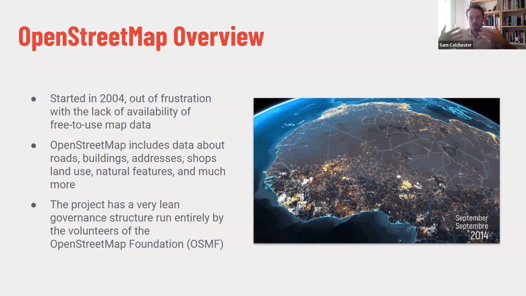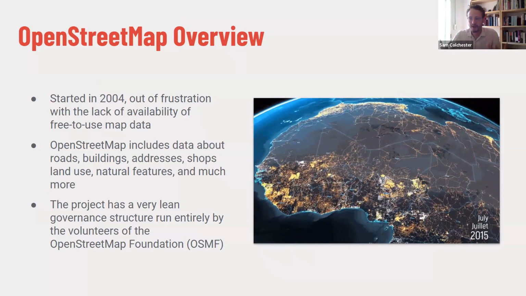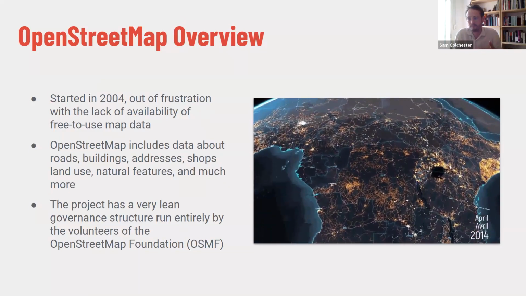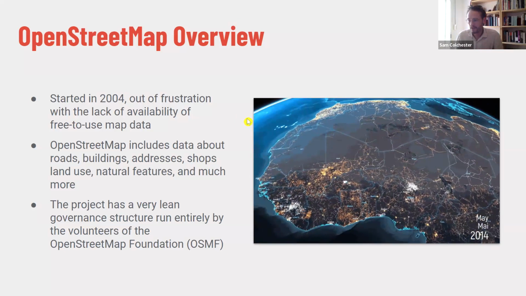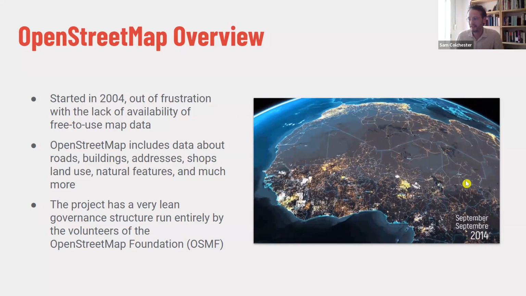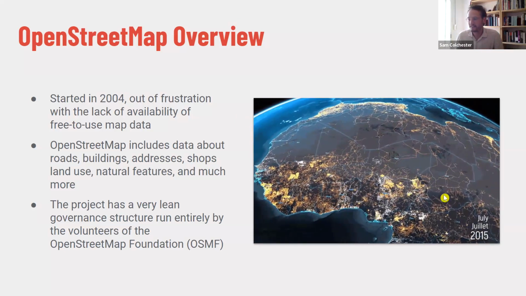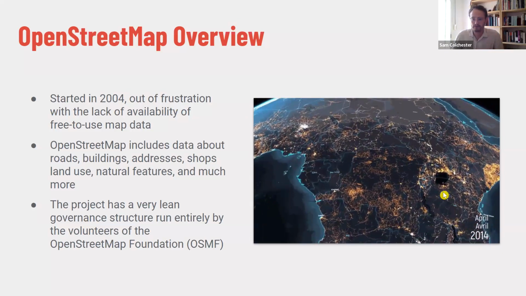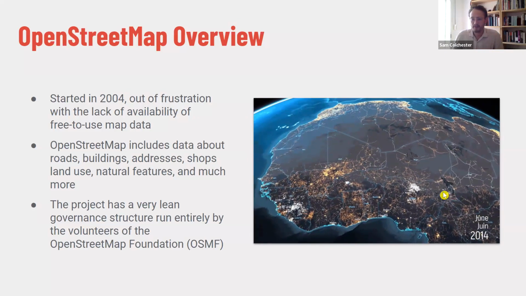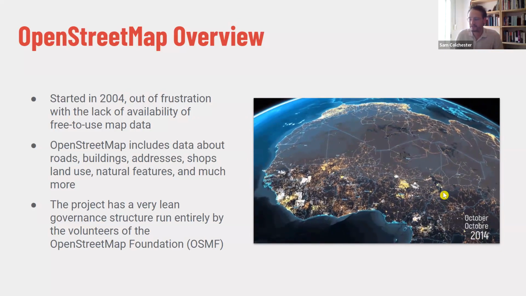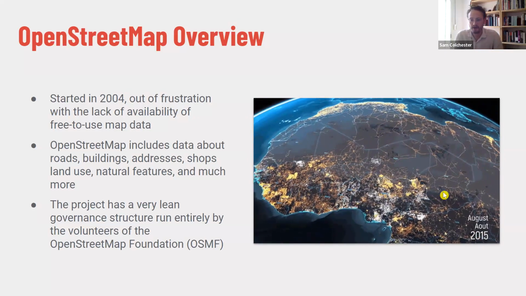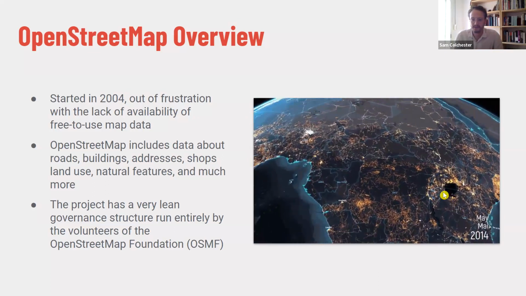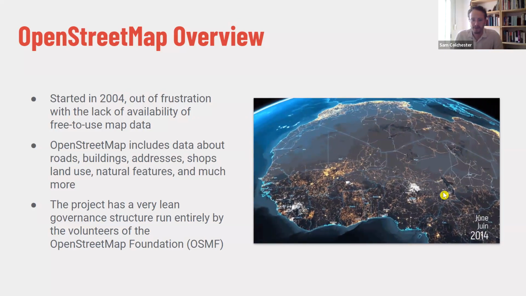But over time, more and more people have contributed to OpenStreetMap. And now it's effectively become a map of the world. And you can see here on the right-hand side, a timeline. It's actually quite outdated, that shows OpenStreetMap development across the whole of the African continent, with a few years in that timeline. And you can see the road networks expanding as they're mapped, and also lots of the cities expanding as buildings are mapped as well.